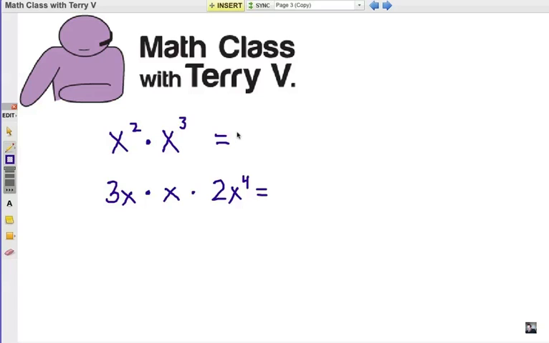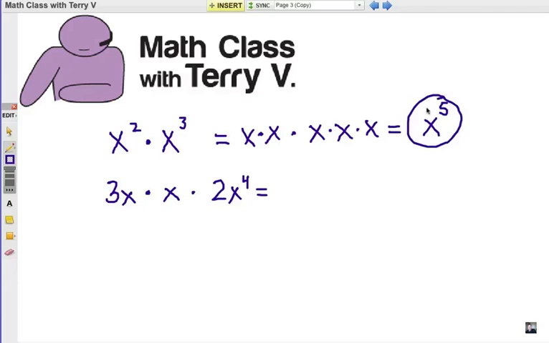It's a shortcut for repeated multiplication. So x squared is actually x times x. X cubed, or x to the third power, is 3 x's multiplied together. And since we're multiplying all those together, all we have to do is count up how many x's we're talking about. So we have 5 x's there being multiplied, so it's x to the fifth.